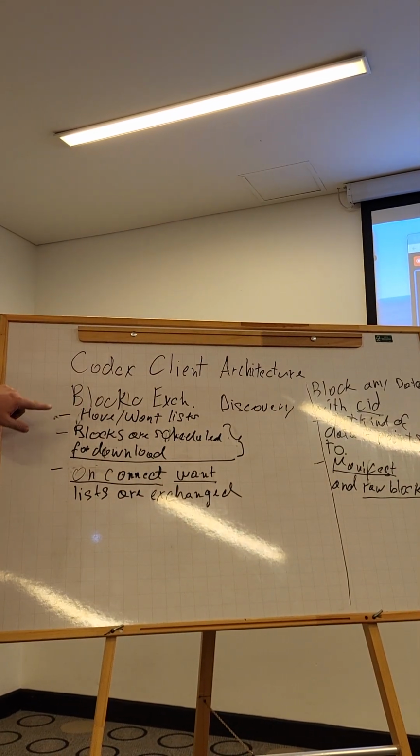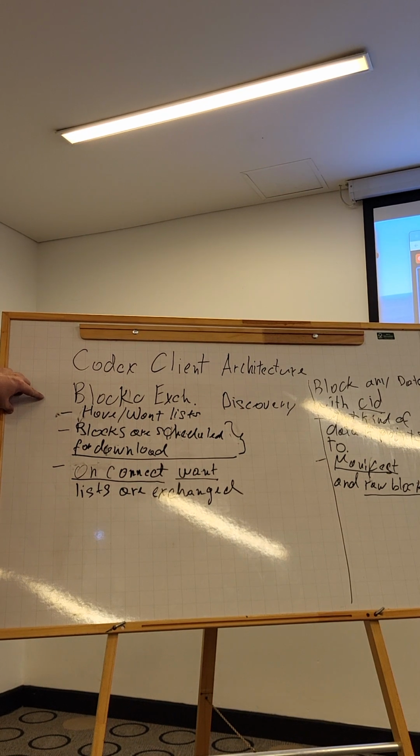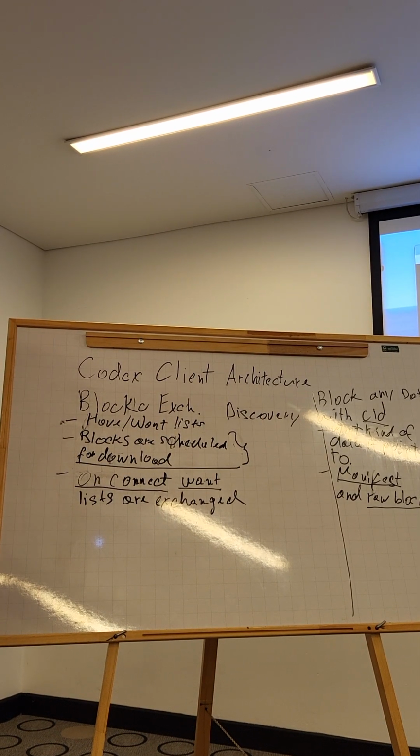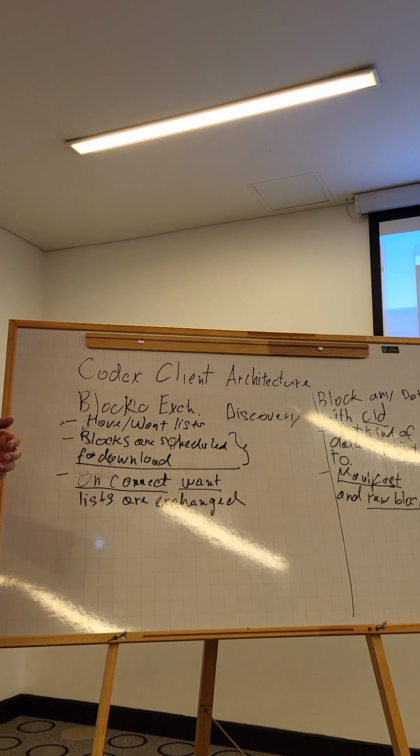So on connect, the block exchange gets a bunch of requests for blocks to be downloaded. These blocks eventually end up in a scheduling queue. When you connect to a node, the CIDs for the blocks on this queue are packed into a network message called the want list and sent over the network.